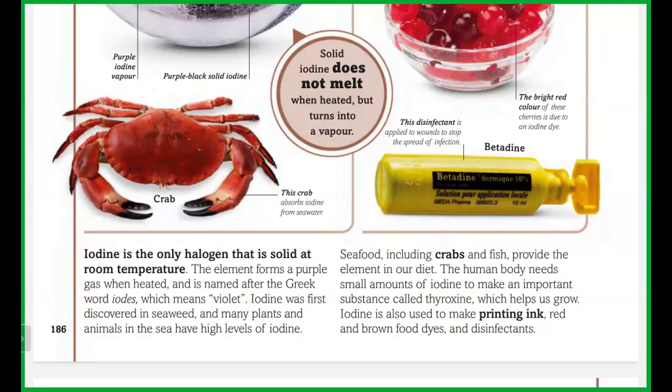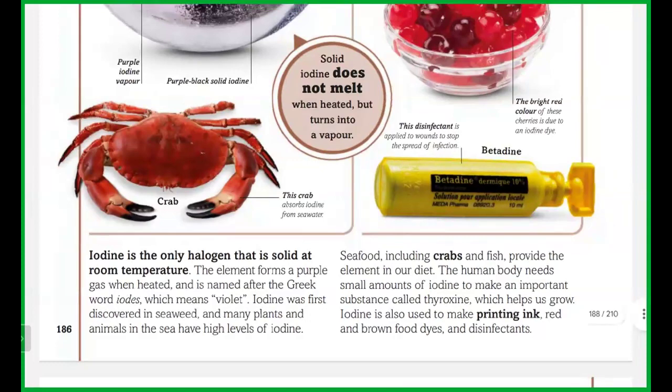Seaweeds, and many plants and animals in the sea, have high levels of iodine, including crabs and fish. The human body needs small amounts of iodine to make an important substance called thyroxine, which helps us grow. Thyroxine is actually one of the growth hormones, and that's why it's important. It's also used in disinfectant and food dyes.